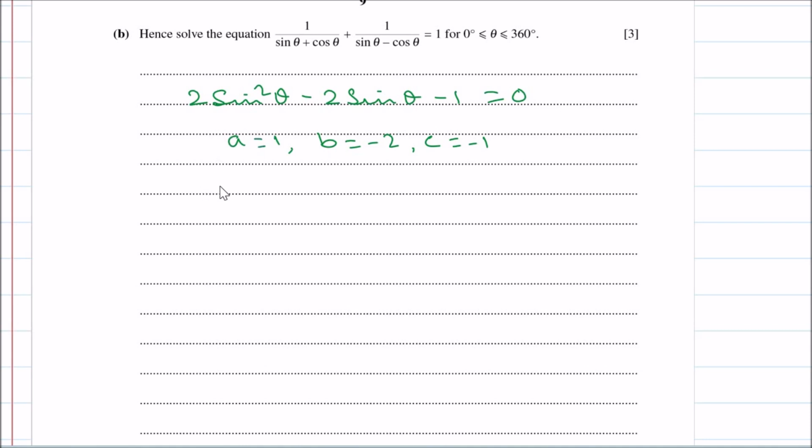In place of x we have sine theta, so we write sine theta equal to minus b, minus minus 2, plus minus root under b square, minus 2 square, minus 4ac.